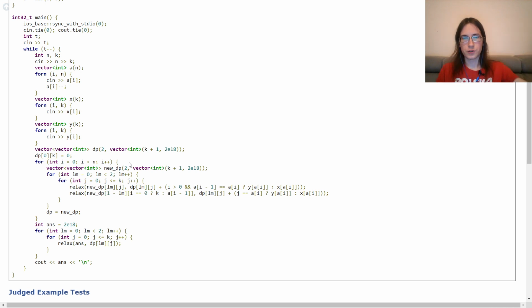Then with each i, we want to shift from layer i to layer i plus 1. So we create a table new dp for layer i plus 1. New dp are the states where the first parameter is equal to i plus 1, when we have already considered the new ith element. Fix the current state of dp, all possible lm, all possible j.